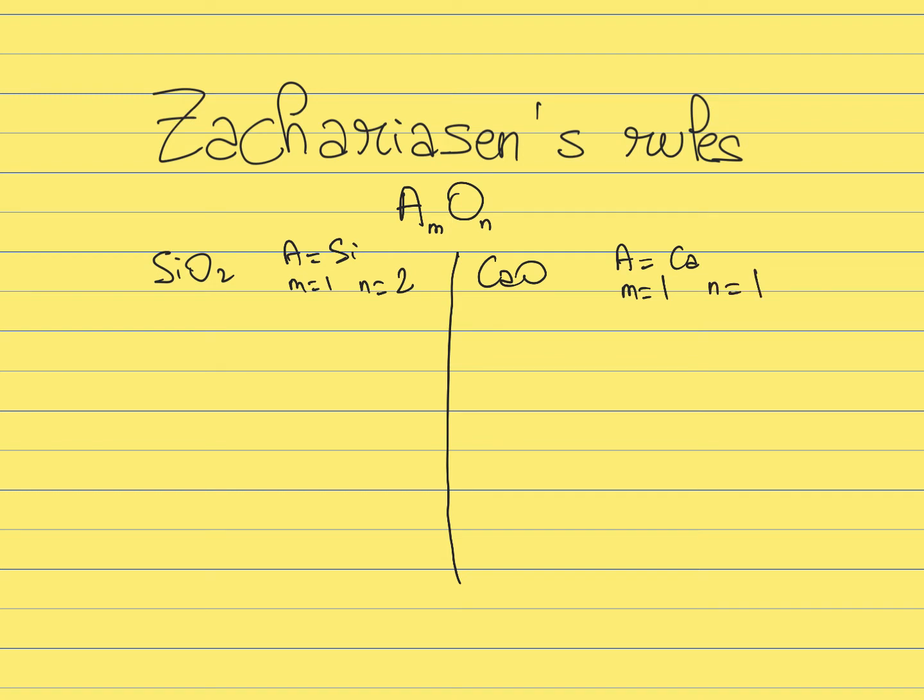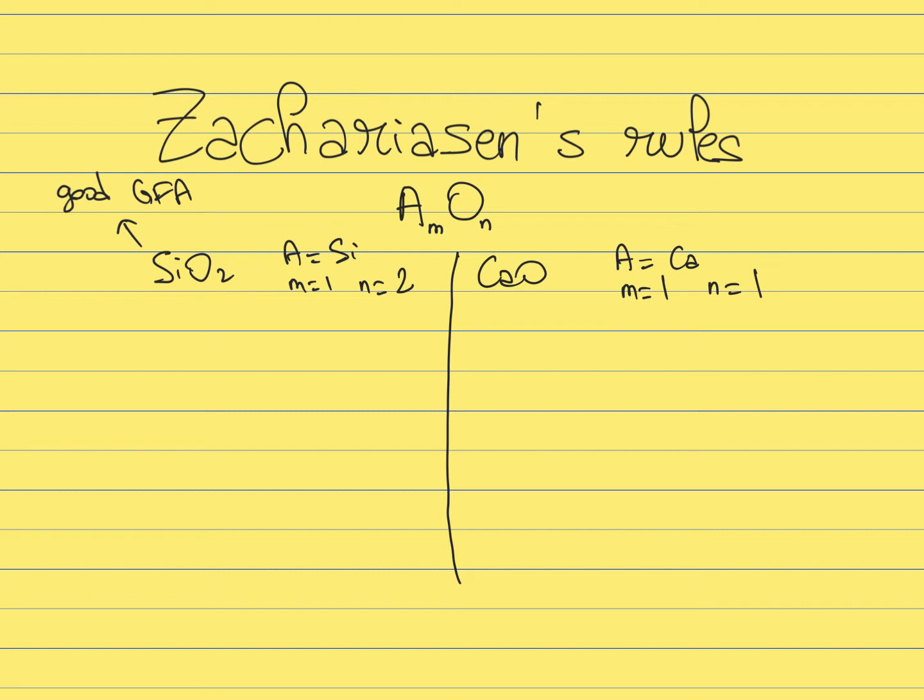So those rules will tell you whether those binary oxides are likely to form a glass or not. And so in this case, silica has a good glass forming ability. It's very easy to form a silica glass, and in contrast, it's very hard to form a silica crystal, like a quartz crystal.